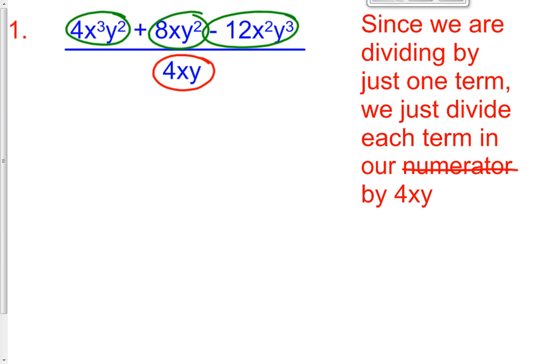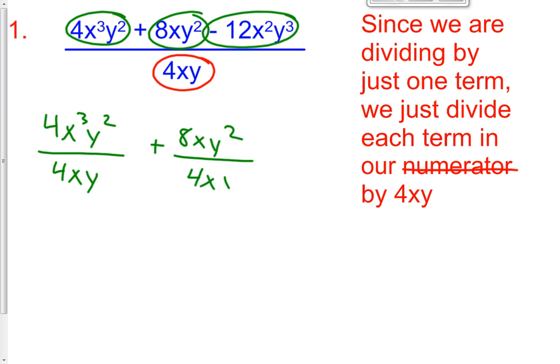So it's 4x cubed y squared divided by 4xy, plus 8xy squared divided by 4xy, minus 12x squared y cubed divided by 4xy. Each term in the numerator is divided by the term in the denominator.